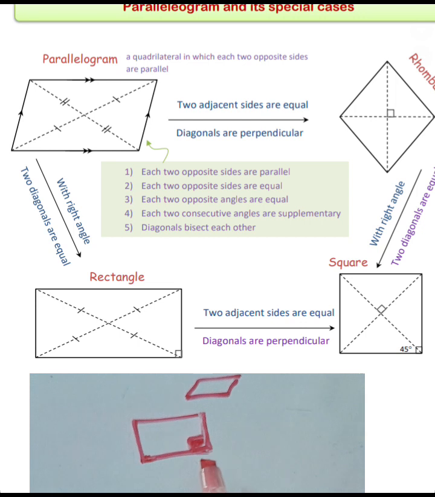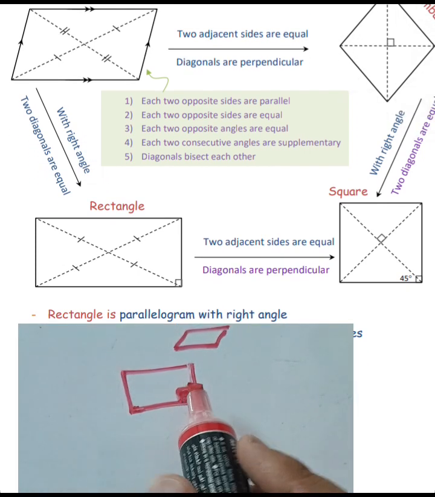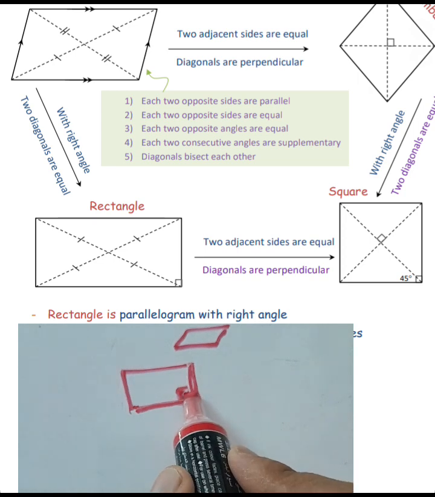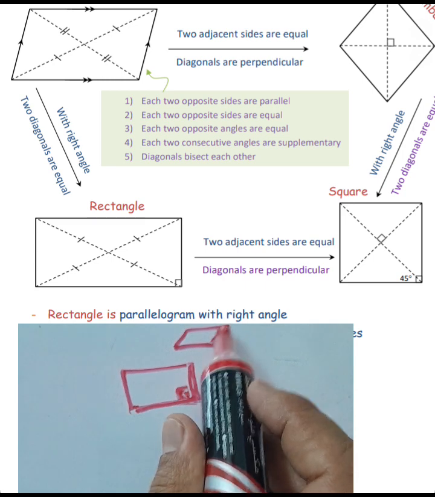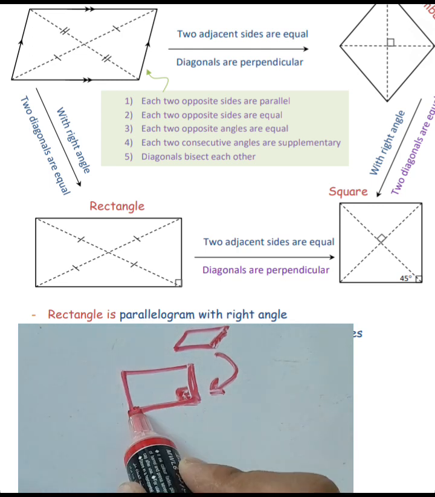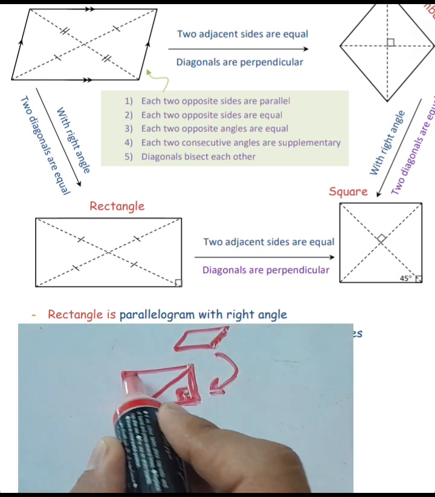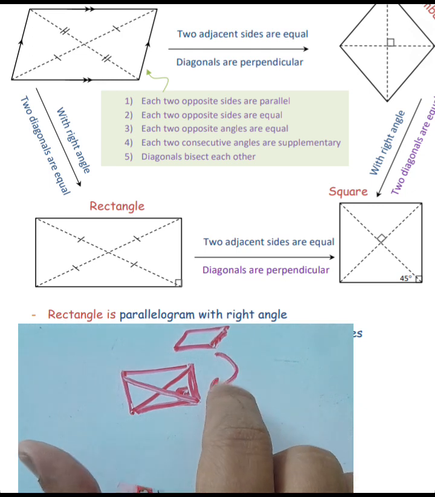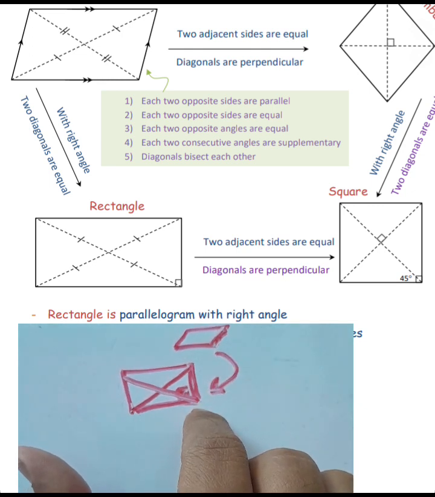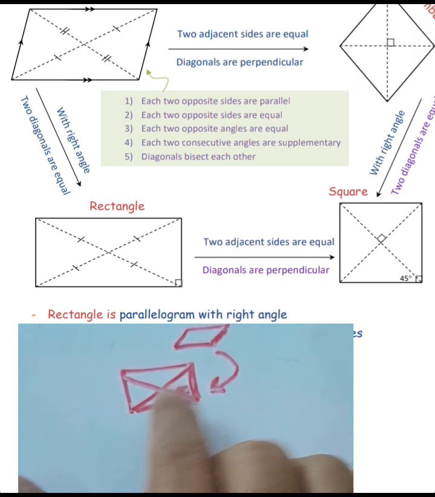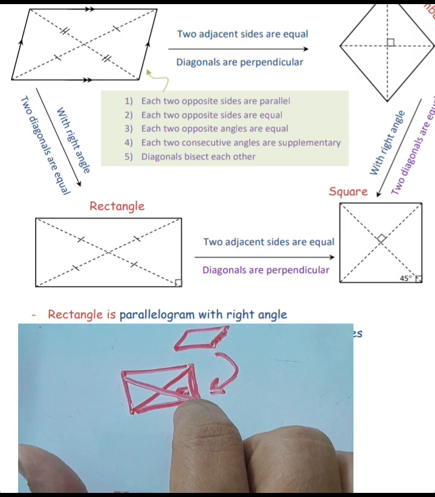Then the parallelogram converts to a rectangle if each angle is right, that is, if the measure of each angle equals 90 degrees. Or if the two diagonals are equal lengths, then the parallelogram will be a rectangle. Then a rectangle is a parallelogram in which any angle is right, or a parallelogram in which the two diagonals are equal lengths.